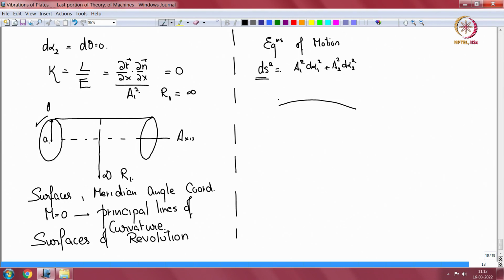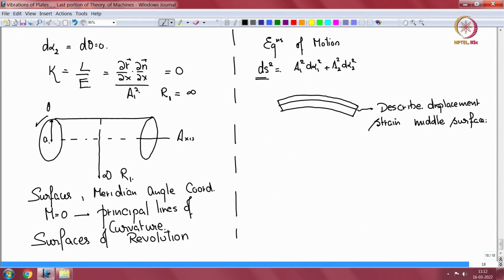Now we'll be dealing with thin shells, okay. So we will be dealing with shells which will have a middle surface, and we will describe everything: displacement, strain, and so on, in terms of the middle surface and its properties. So this is an elemental length on the middle surface.